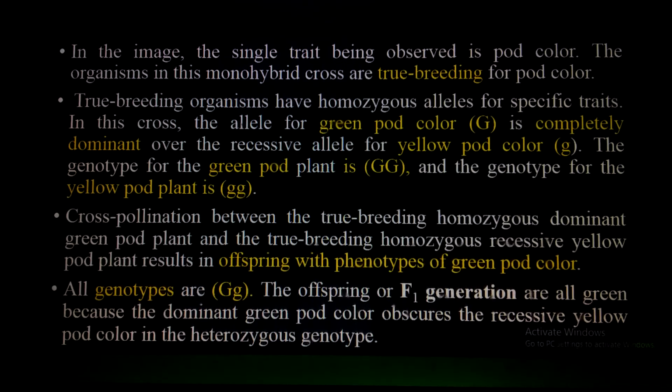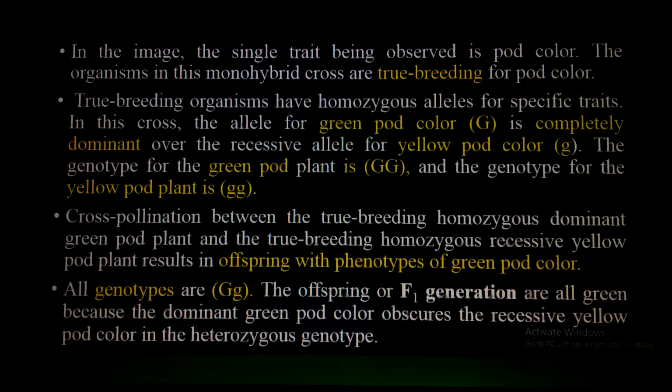So this is heterozygous. Is it clear? The offspring of our F1 generation are all green because the dominant green pod color hides the recessive yellow pod color in the heterozygous genotype.